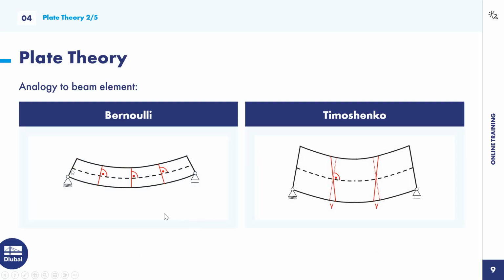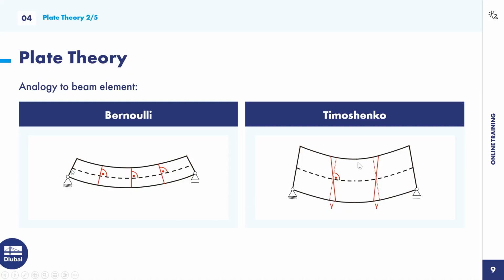And here is what I said with this perpendicular to its axis geometry. For the Bernoulli beam, the cross section will stay perpendicular. But with the shear deformation in the Timoshenko beam, it will now deform by this shear angle. So that's the main difference.